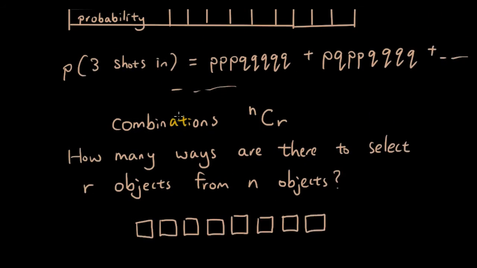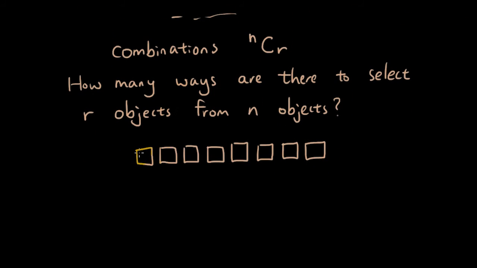Now we need to pick 3 of them. So of these boxes, which ones are we going to pick? Are we going to pick the first 3? Or are we going to pick the first 2 and then the 4th one? Or the first one, the last one, and the second to last? How many ways are there of picking 3 objects out of n objects?